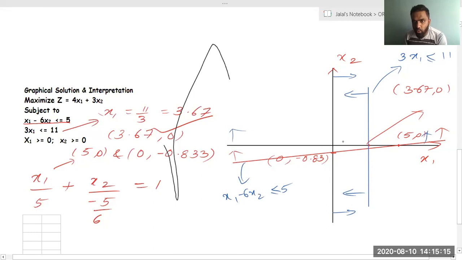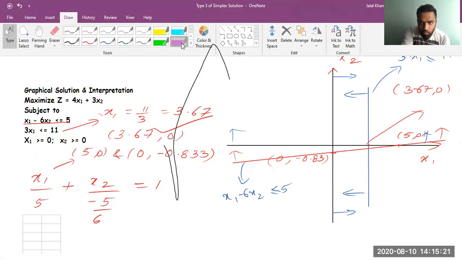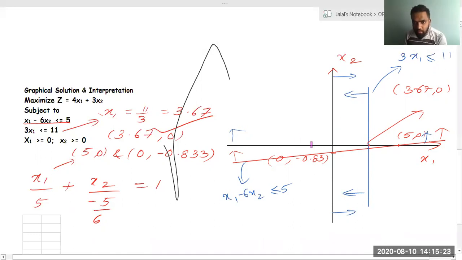So we know the common region. If you try to find the common region, just look at this, whatever is common for all. This part is also common. Everything from here is common, right? All these things are common.